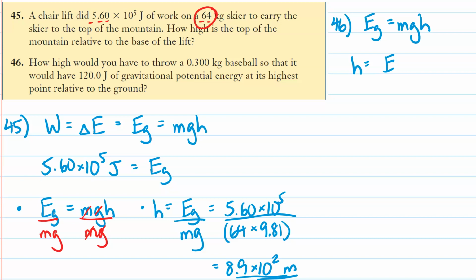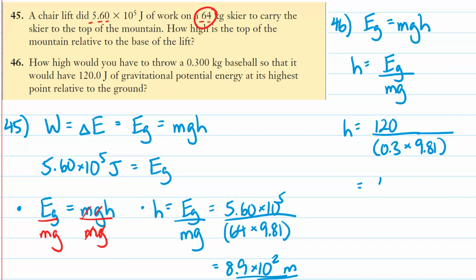So you should be able to get to height equals Eg divided by m times g. Plugging in the numbers, we have 120 joules on top. Mass is 0.3 kilograms. We multiply that by g, which is on Earth, 9.81 meters per second squared.